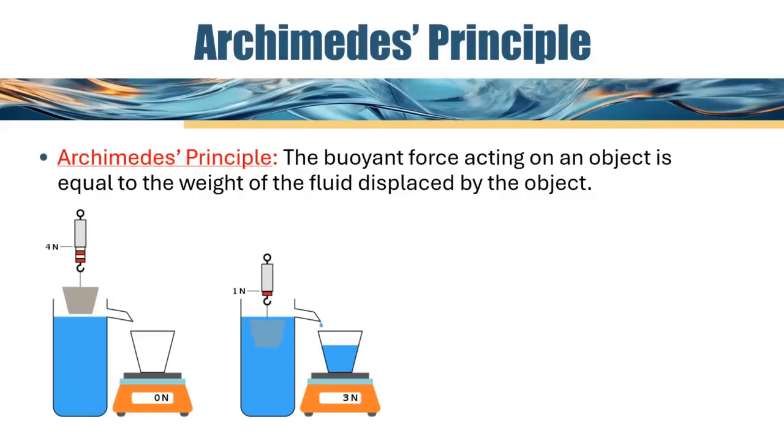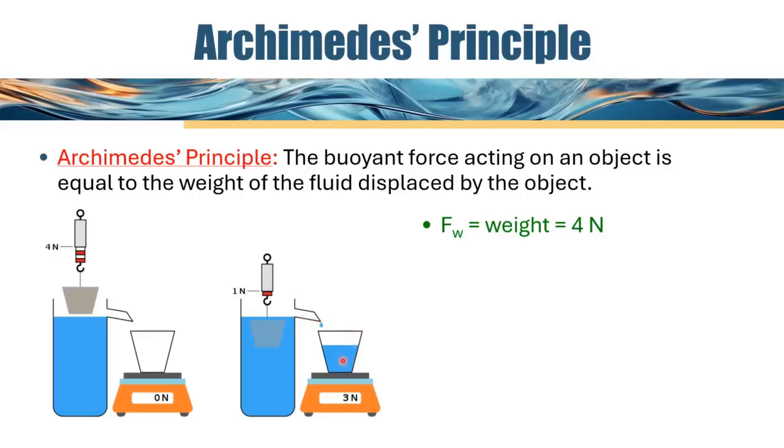So number one, we have an object here that is hanging from a spring scale, and you can see that it weighs 4 newtons. We are now going to submerge the object into this full container of fluid. And because the container is full, when we submerge the object, the water is going to spill out.